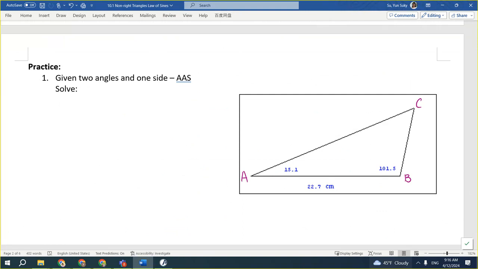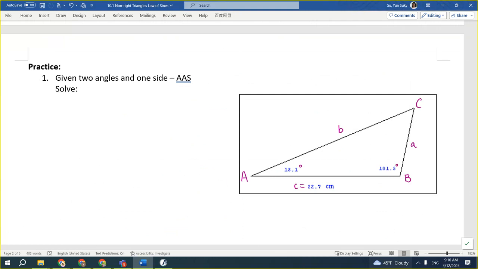Does not matter. Then the side opposite to angle A is side A. The side opposite to angle C is side C, and this one is side B. Right, everybody? And by the way, these numbers I mean degrees.